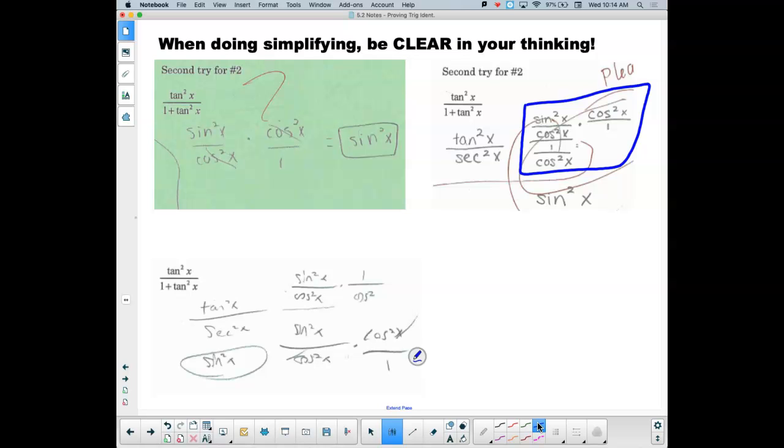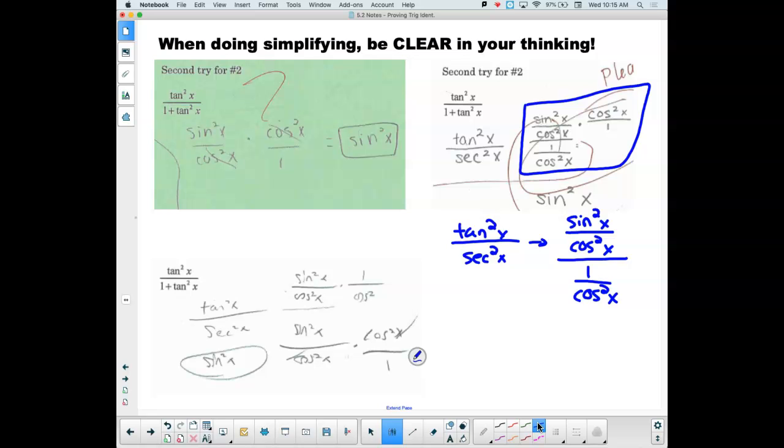Because all of a sudden, randomly, you're multiplying the top by cosine squared. Now, if what you're trying to say here is tangent squared of x divided by secant squared of x is sine squared over cosine squared, and that's 1 over cosine squared, then you need to say that.